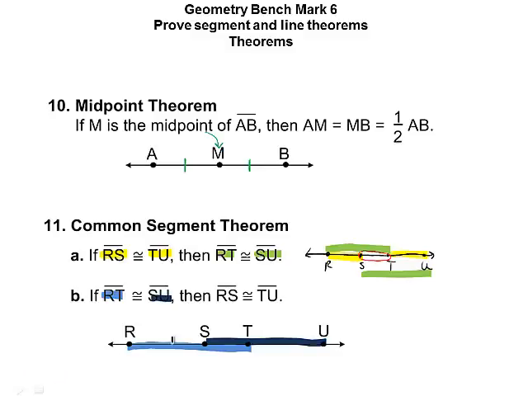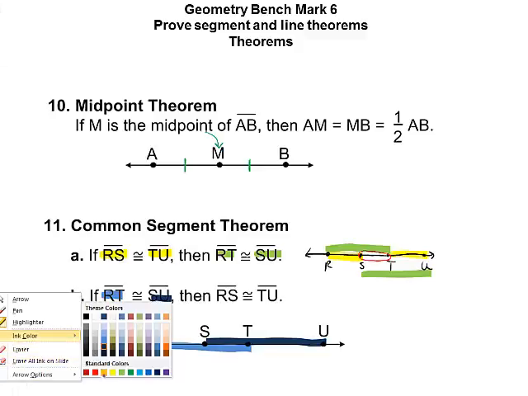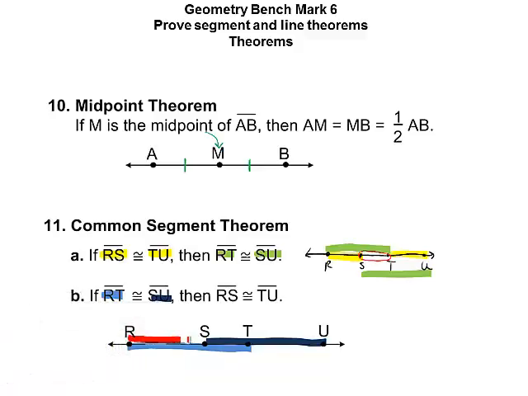Well, if I take that middle piece away from both of them, then I get RS and TU, which are the same length. So if you start with things that are the same length, and you add and subtract the same size piece from both, they're still the same length. Does that make sense?